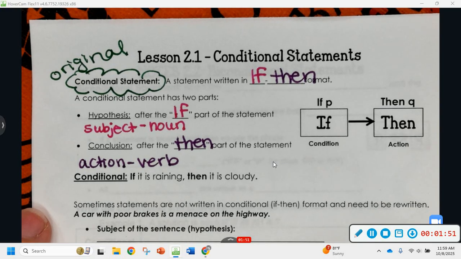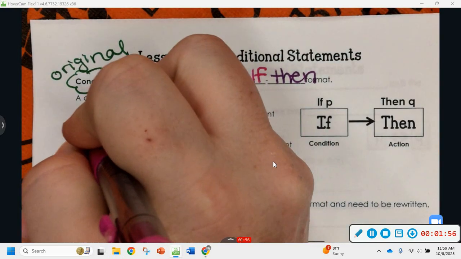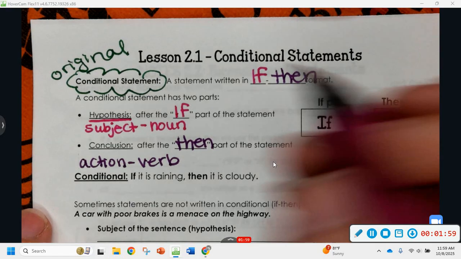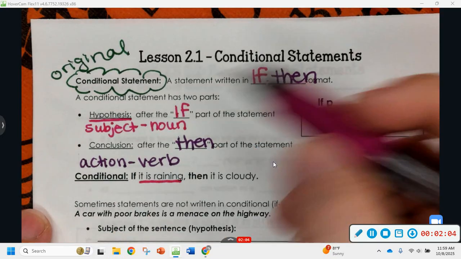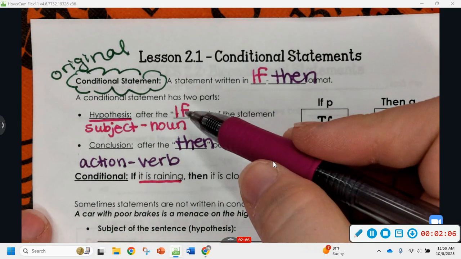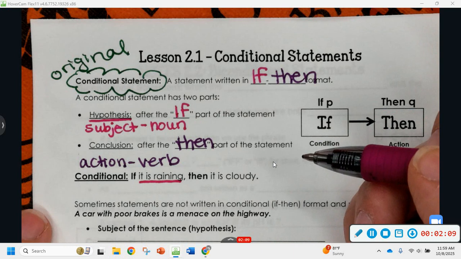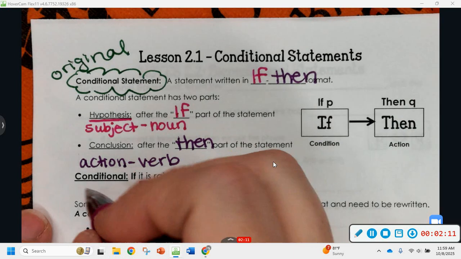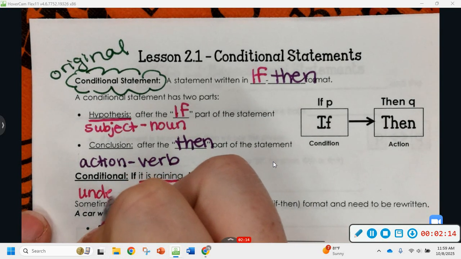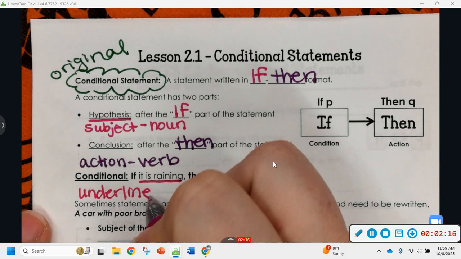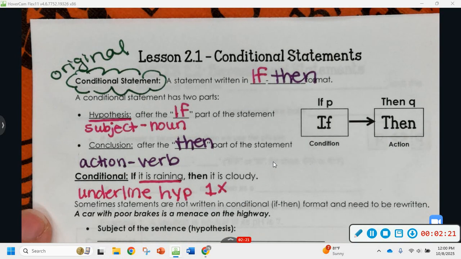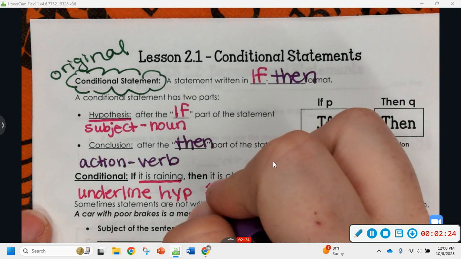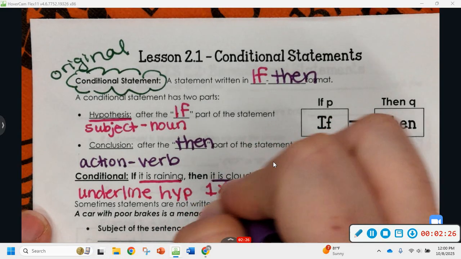What I want you to do on all of your assignments is underline the hypothesis one time. So if it's raining, it is raining is considered our hypothesis. Notice I did not underline the word if. So you're going to underline your hypothesis one time. And then your conclusion is it is cloudy.